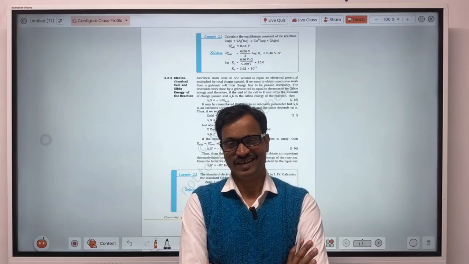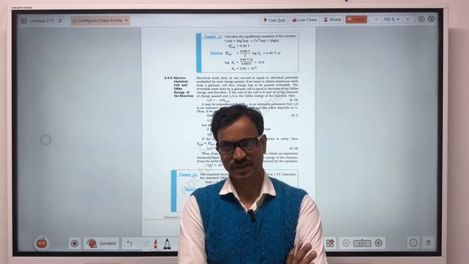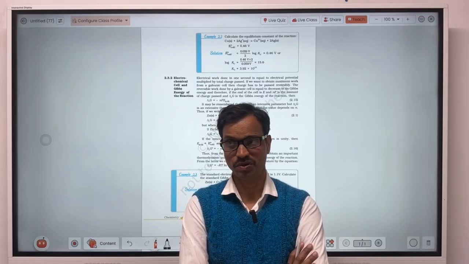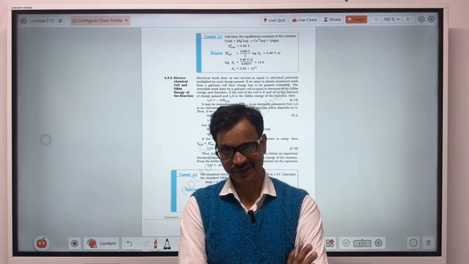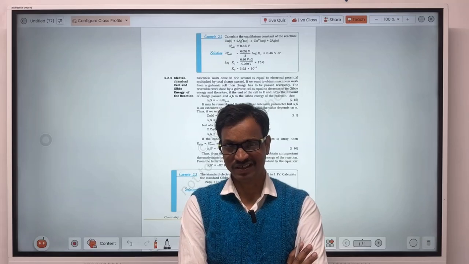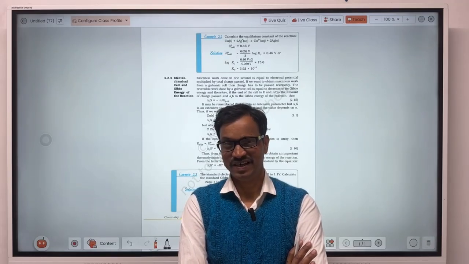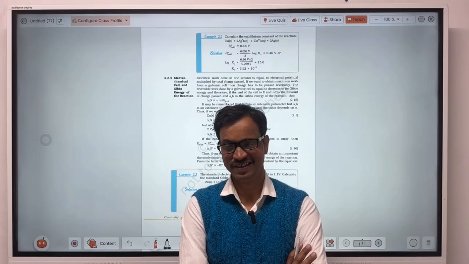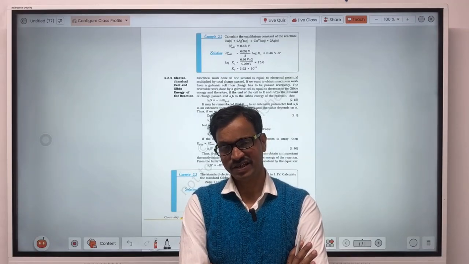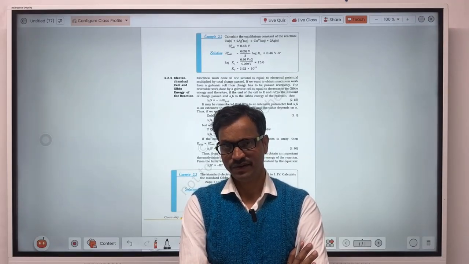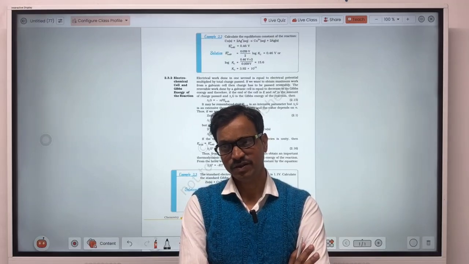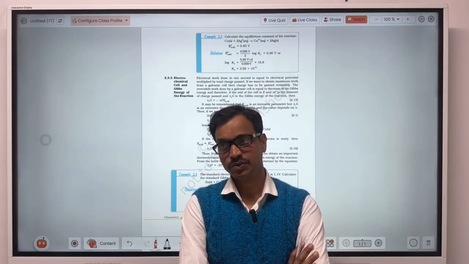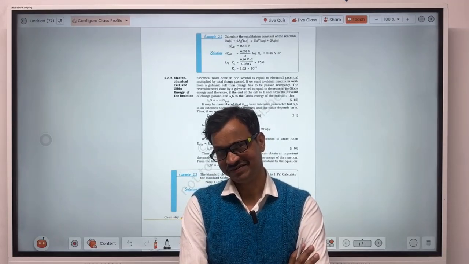But if there is water at room temperature and you want colder water, what do you do? You keep that water inside the freezer. Inside the freezer, the compressor works and takes the heat energy from the water you have kept and flows that heat to the surroundings.